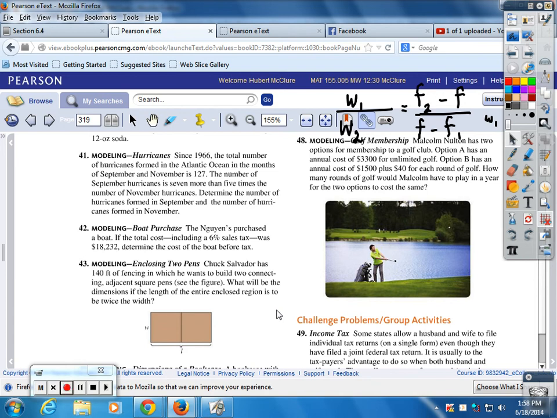The so-and-sos purchased a boat. If the total cost, including a 6% sales tax, was 18 blah, blah, blah, determine the cost of the boat before taxes. Walmart equation. You don't even need to do any algebra. You just do the Walmart equation.